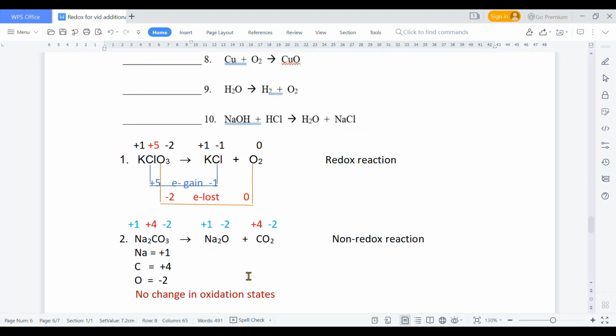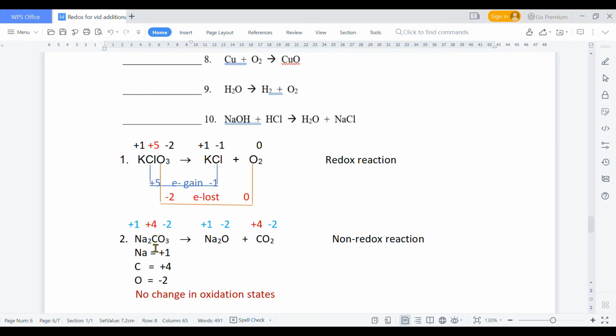How about number 2? Na2CO3, sodium carbonate, will form sodium oxide plus carbon dioxide. Now, remember that oxygen is -2, that is -6. Sodium is +1, so +1 times 2 is +2.